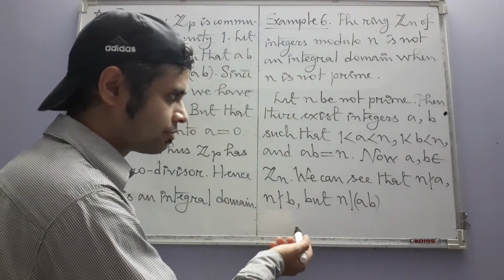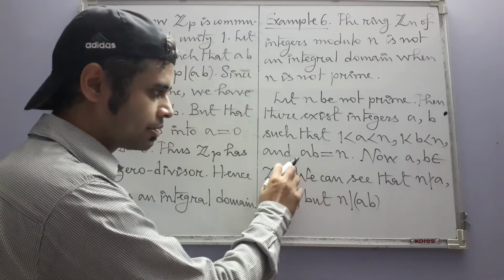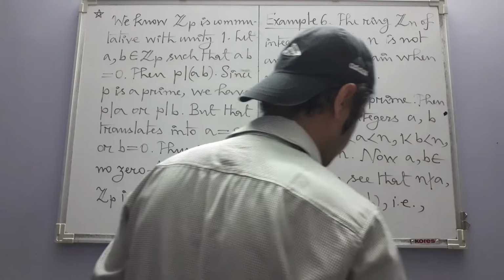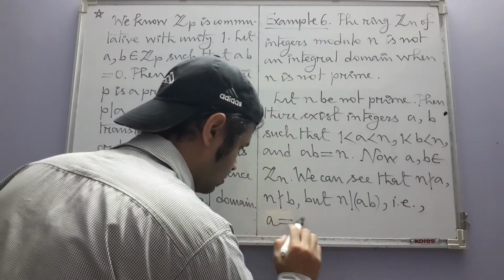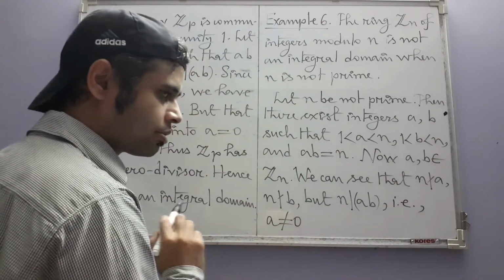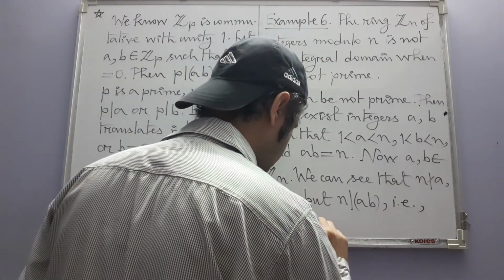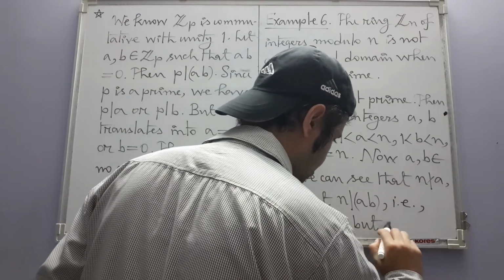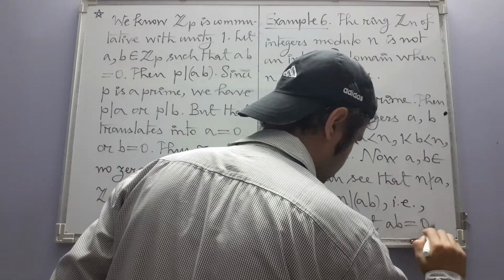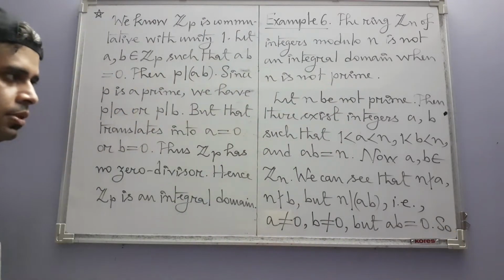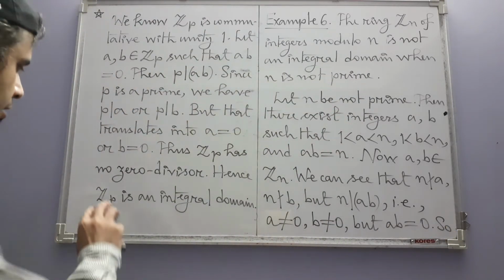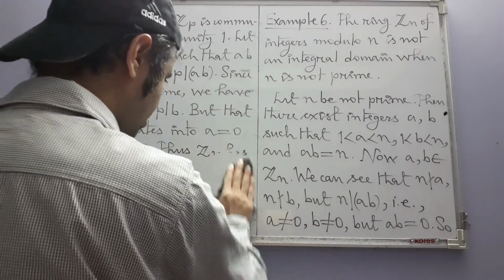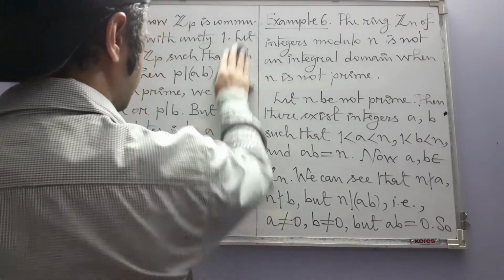Just like that, n does not divide b, but n divides ab because n is equal to ab. That is, modulo n, a is not equal to 0, b is not equal to 0, but ab is 0. So a is a zero divisor in Zn. And just like that, b in fact is also a zero divisor by definition.